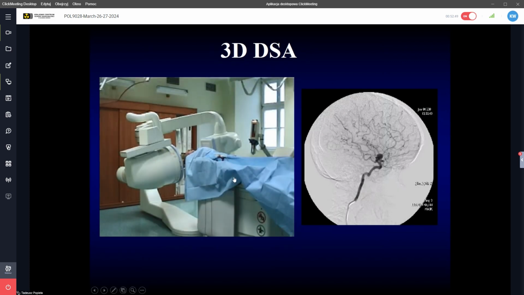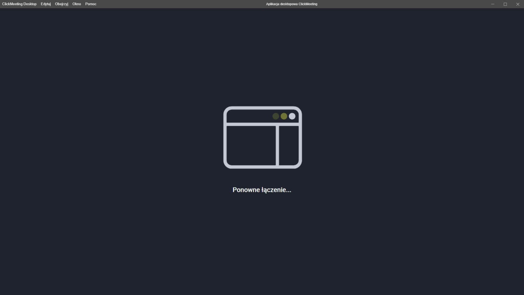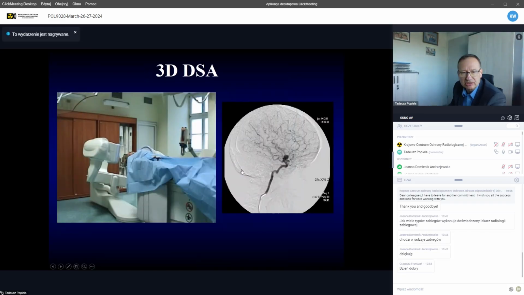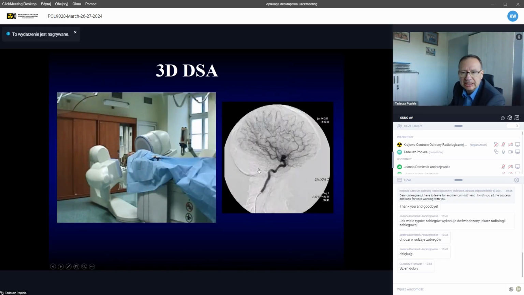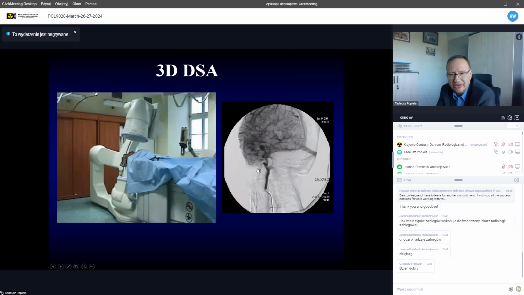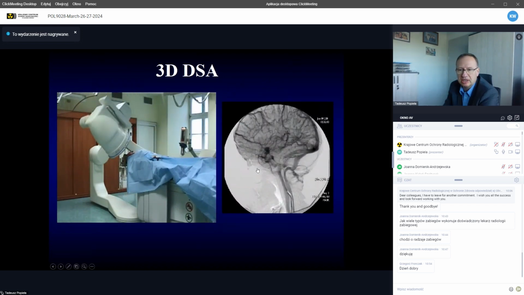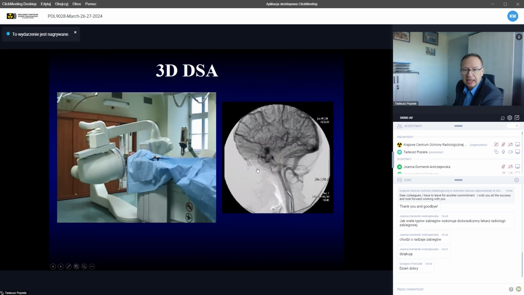And again, on the first image on the left, you can see the detector moving around the patient's head, and we can receive the 3D kind of film.